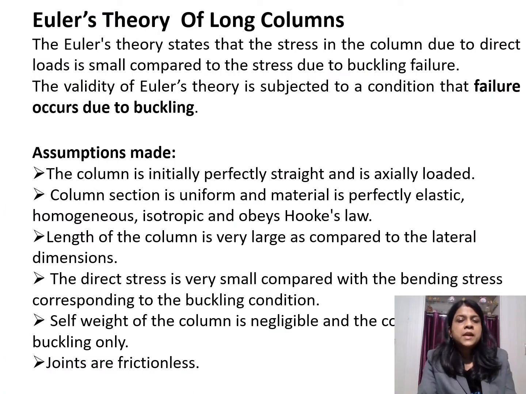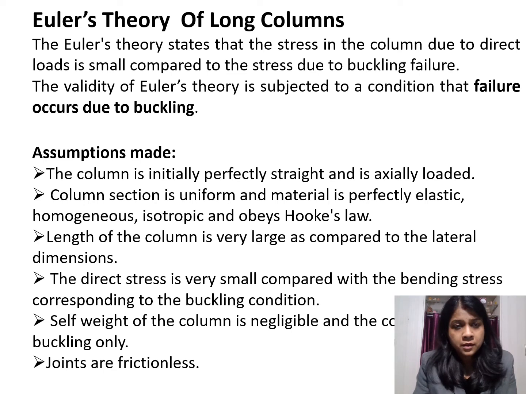Now, the scientist Euler explained the failure of a long column due to buckling. As per his theory of failure, some assumptions have been made. So what are those assumptions?